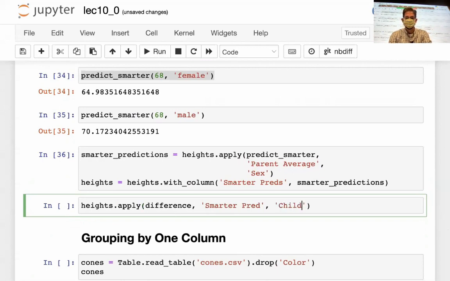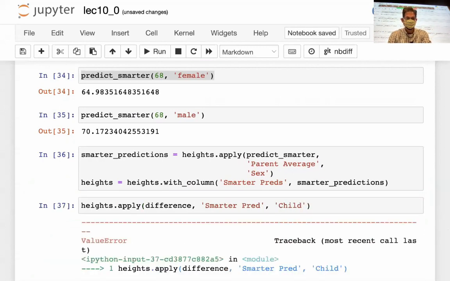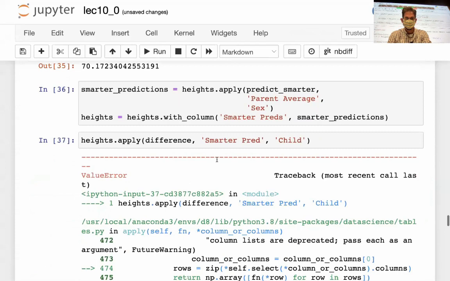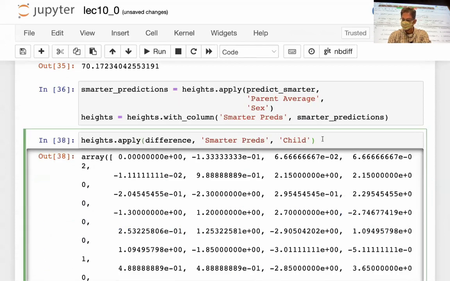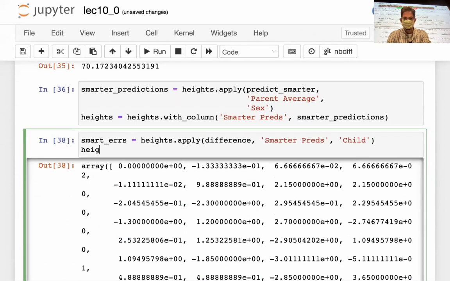And the truth, which is the actual height of the child. Put that in our table. Smarter errors.